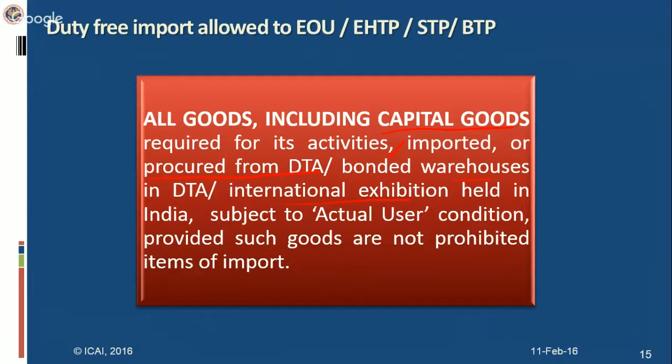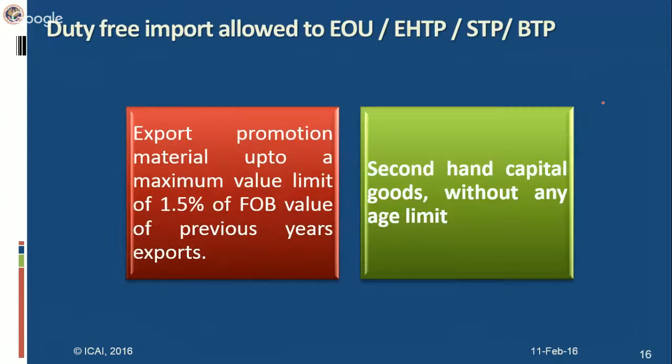One more point: when I say all goods, it still excludes prohibited goods. I told you earlier, in the first slide itself, that prohibited goods are strictly not allowed to be imported. Otherwise, all other goods it can import, and it can procure domestically also.